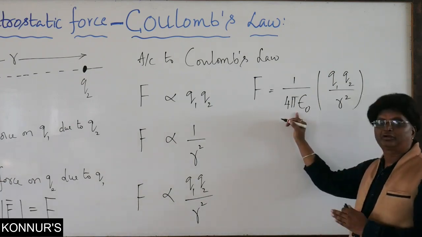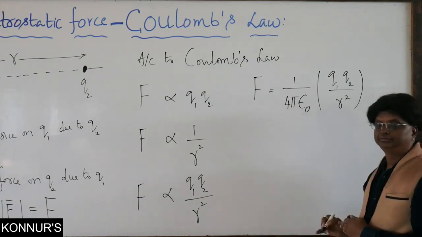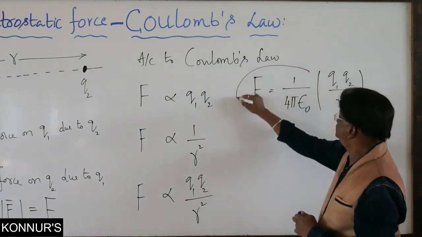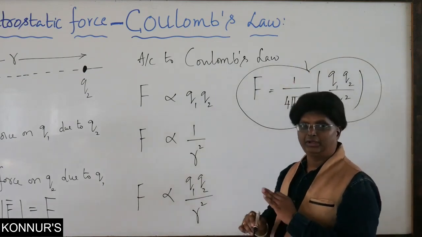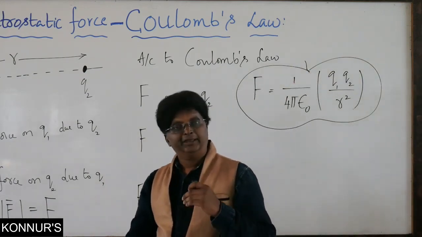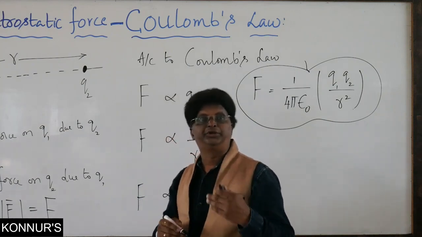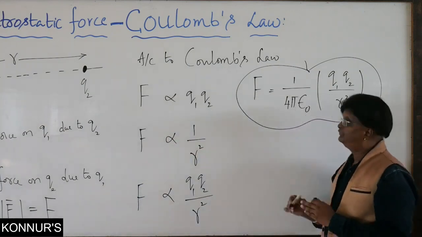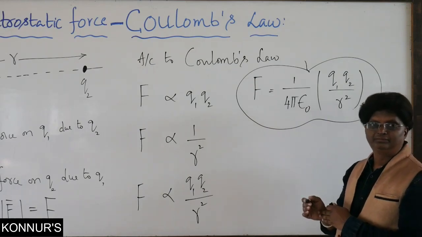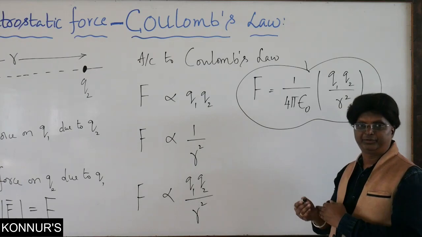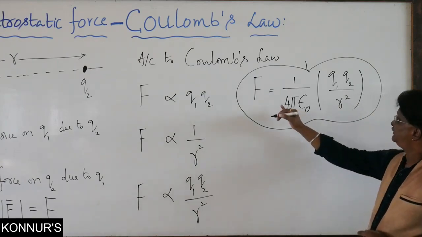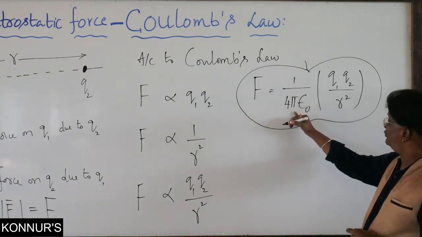Now let us first talk about this constant. We have this famous expression which is the basis of the entire electrostatics. Even in our next chapters, like Unit 2 and Unit 3, this is fundamental to evaluate any other characteristic with respect to the charges. Here we have taken 1 by 4 pi epsilon naught.